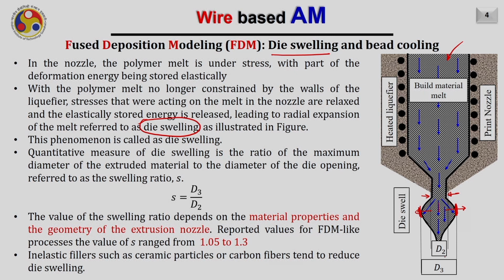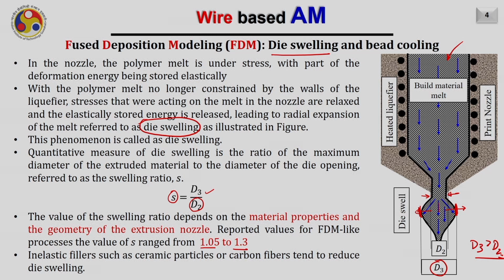So if this maximum diameter of the melt is D3, which is divided by the exit diameter of the nozzle D2, this ratio is called the die swelling ratio S. As you can see, obviously D3 is greater than D2 in most cases, so the value of this ratio S will be greater than 1. It highly depends on the material property and geometry of the extrusion nozzle. The reported value for FDM-like processes is around 1.05 to 1.3.